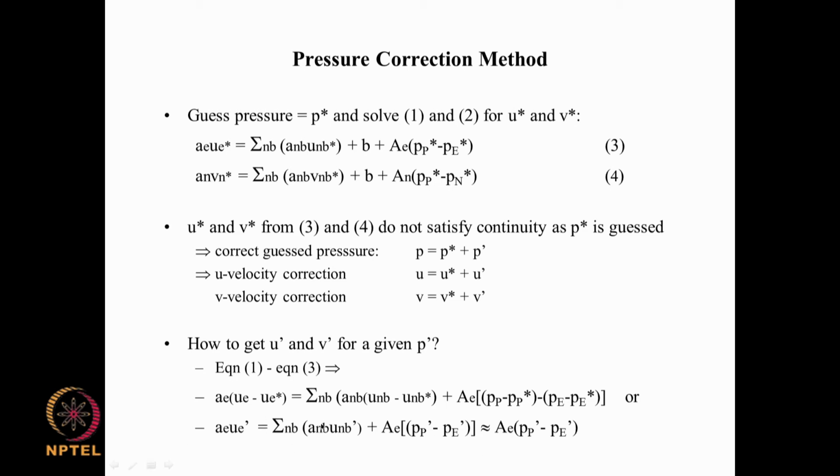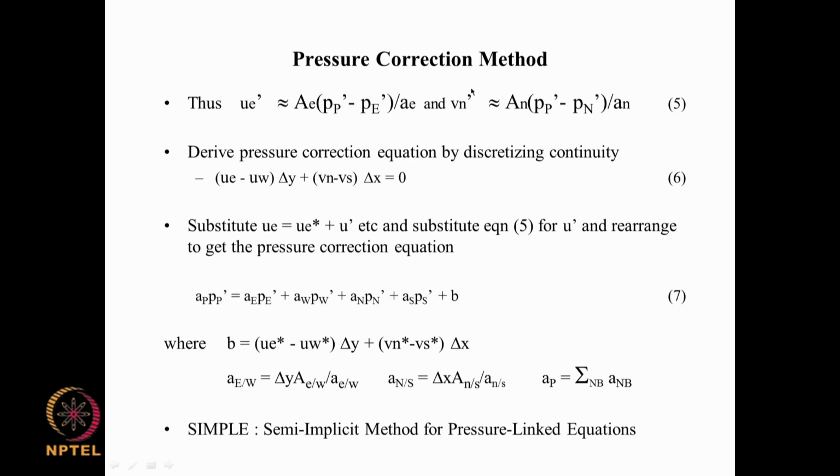And if you neglect this component, then you can say that a e u e prime is roughly equal to a e times p p prime minus p e prime. What this gives us is that, neglecting this, if you make a pressure correction, then you can find out what the velocity correction is here, and similarly we can also make an estimate for v n prime.